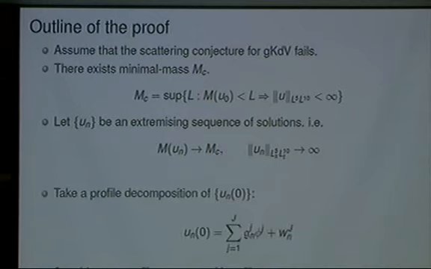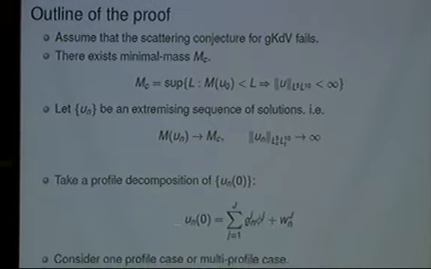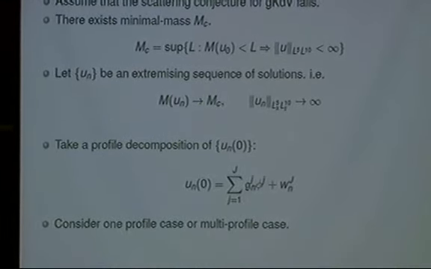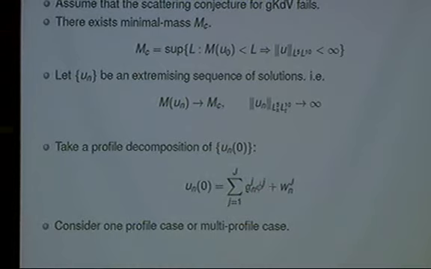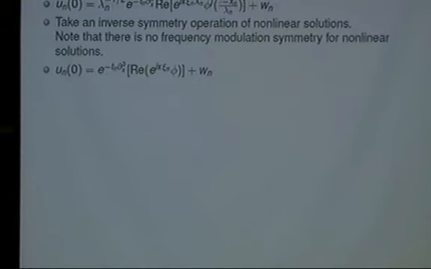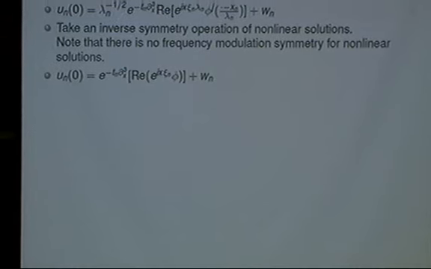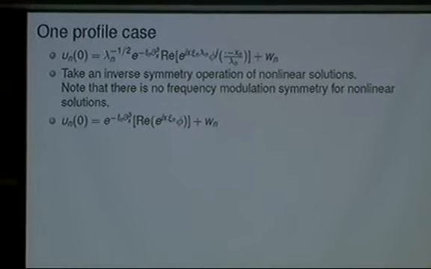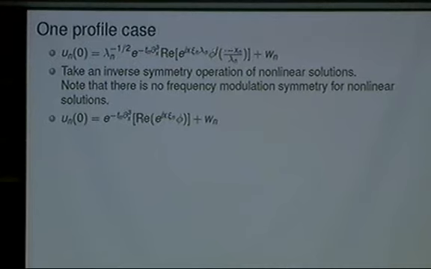Then we take the profile decomposition of the initial data for this sequence. If u_n(0) consists of only one profile, then it might be easier. But if it consists of multiple profiles, then we might not have the convergence. So we are going to consider the one profile case first. If it consists of only one profile, then J is just one, and the initial data is written in this form.